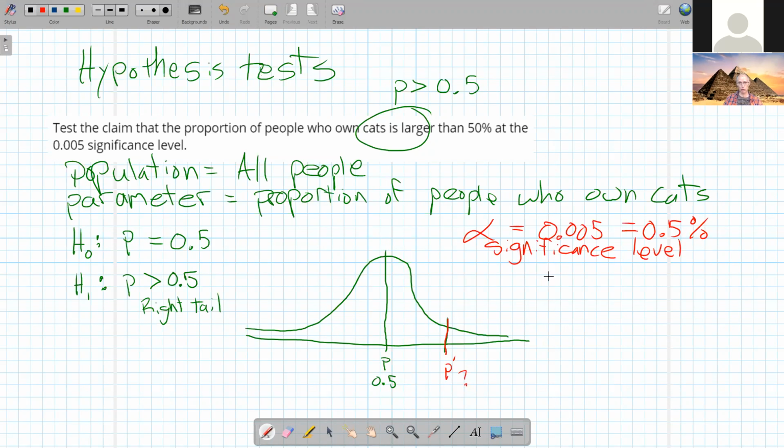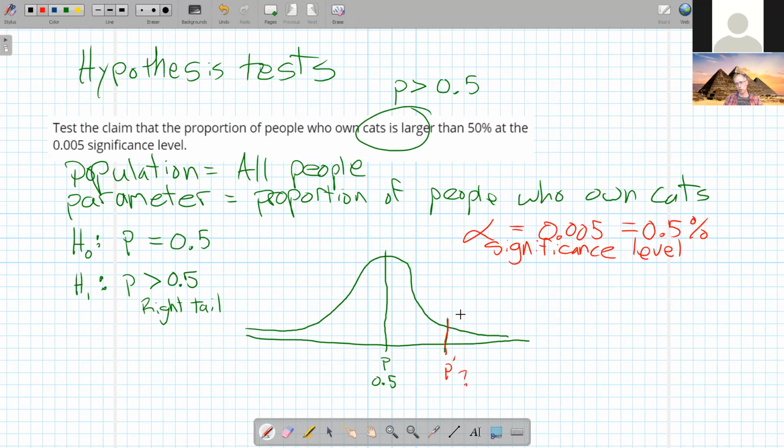Next we look up what the sample says and run it through StatKey. Then the question is, how far does p prime land from what we think p should be? If p prime lands way out to the right, then we say, whoa, that's kind of far out. Something interesting is going on. Maybe the assumption about the null is incorrect.